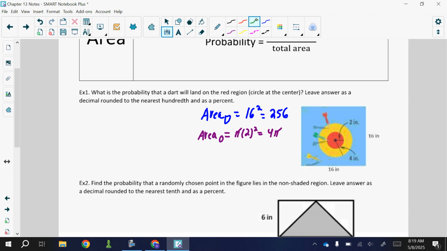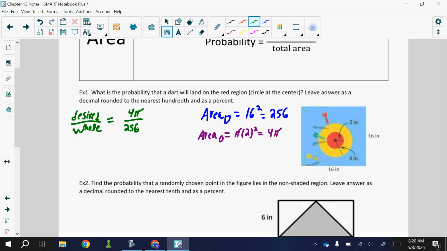So we take that ratio of desired over whole. Our desired area is that small circle, 4 pi. And then the entire area of the dartboard, and we're assuming that every time they throw a dart at the dartboard, it'll at least land within that square, is 256.